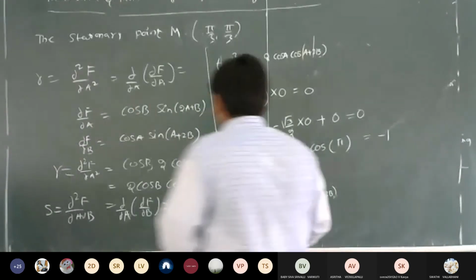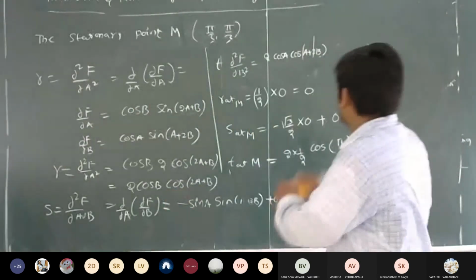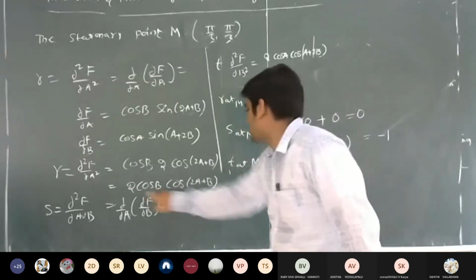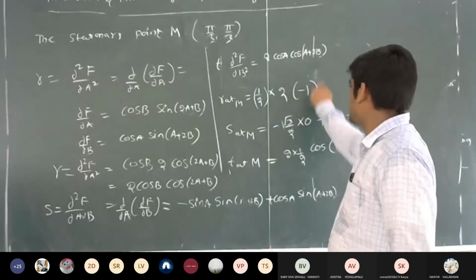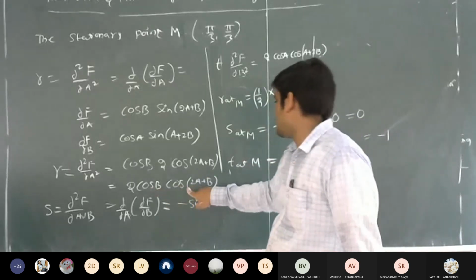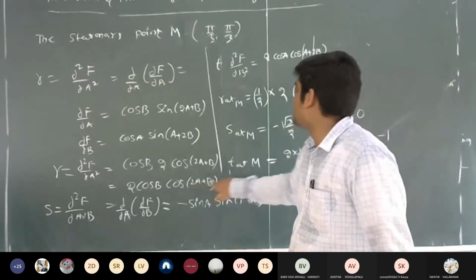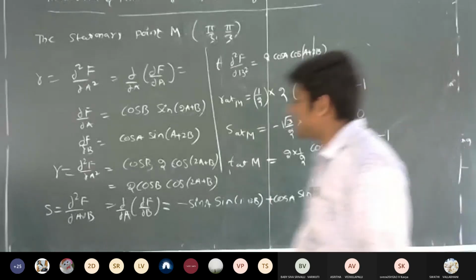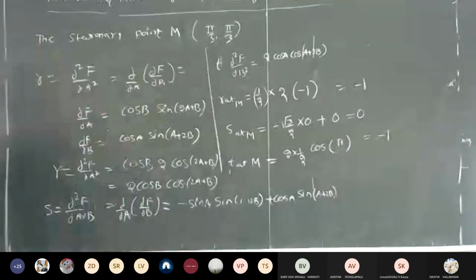I think it is 2 cos b cos of 2a plus b. 2 into 1 by 2, cos of 2 pi by 3 plus pi by 3, so that is cos pi, so this is minus 1. R is minus 1. Is it clear?